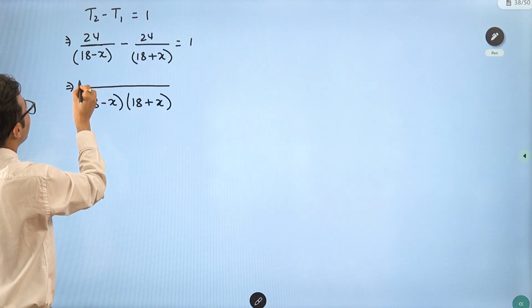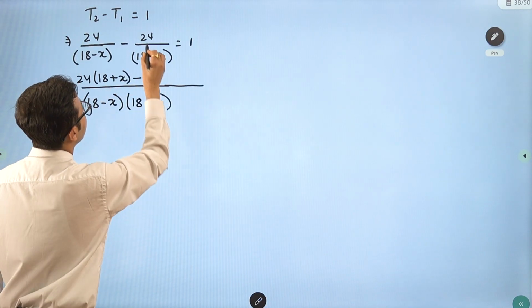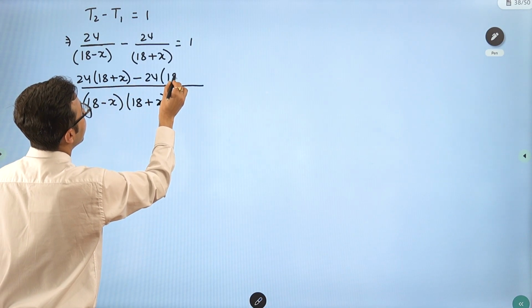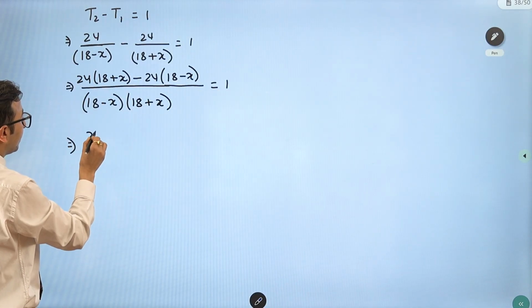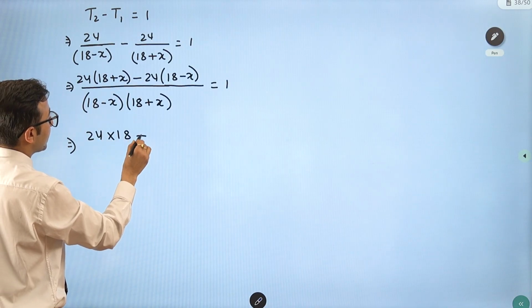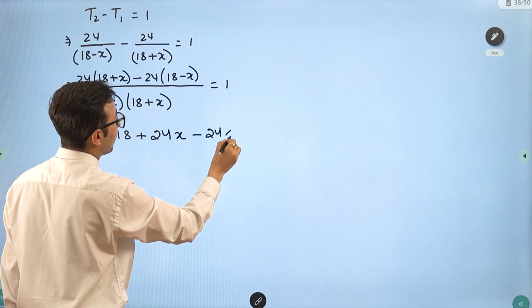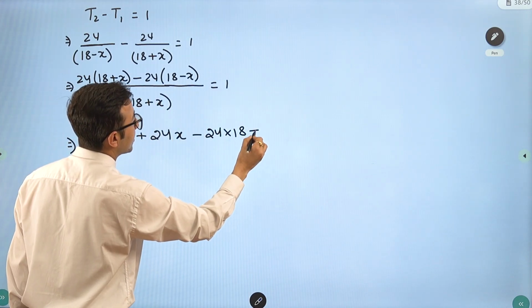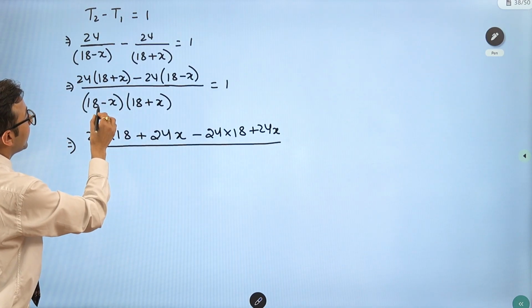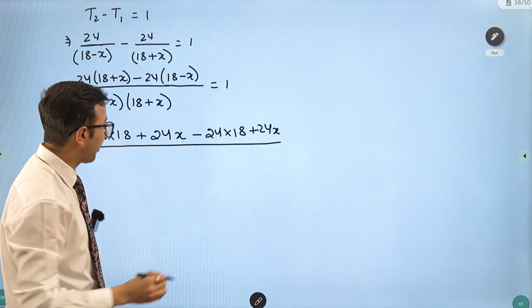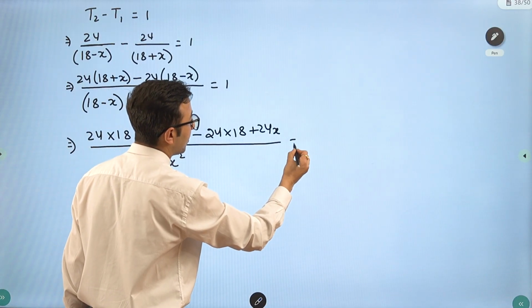So 24 will multiply 18 plus x, cross multiply, minus 24 will multiply 18 minus x, which is equal to 1. Now 24 multiplied by 18 plus 24x, minus into plus, minus 24 multiplied by 18, minus into minus, plus 24x, whole divided by, you can see that this is in the form of (a plus b) into (a minus b), so we can write 18 square minus x square, a square minus b square, which is equal to 1.